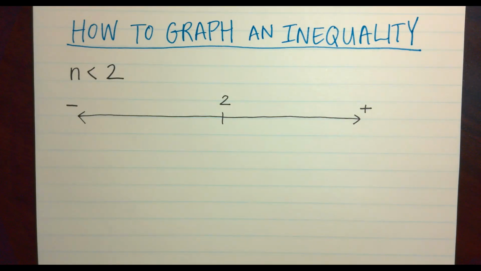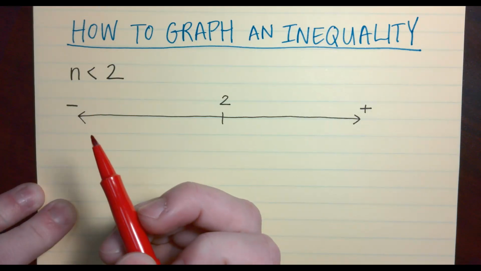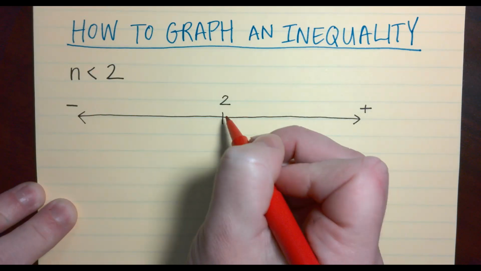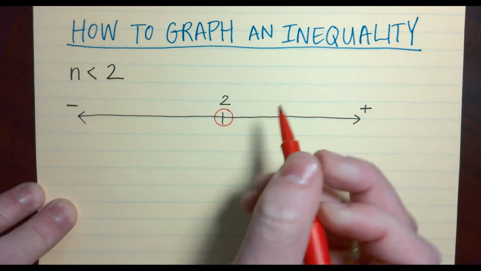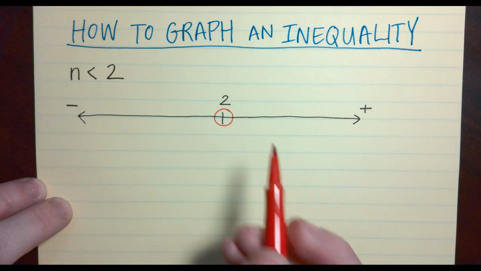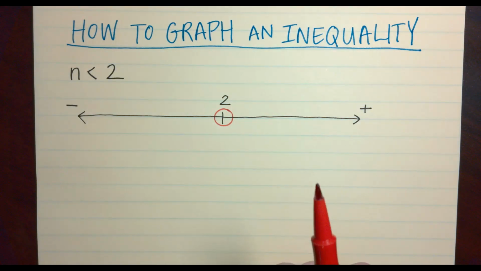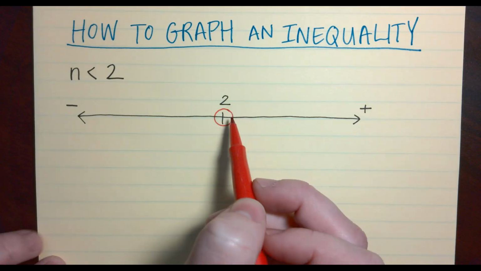And then, because N is less than 2, not equal to 2, we're going to circle this tick mark and leave it an open circle. We're not going to shade it in because when we leave it open, it's showing us visually that 2 is not included.